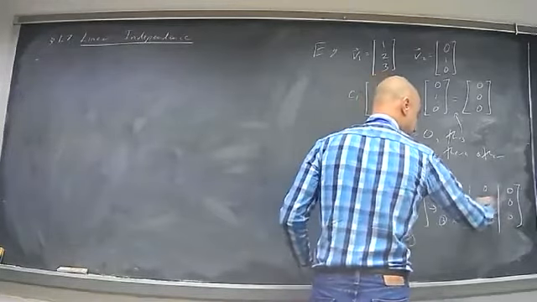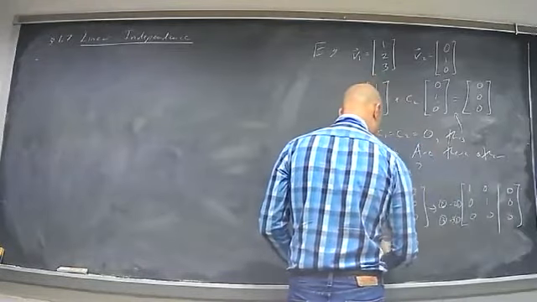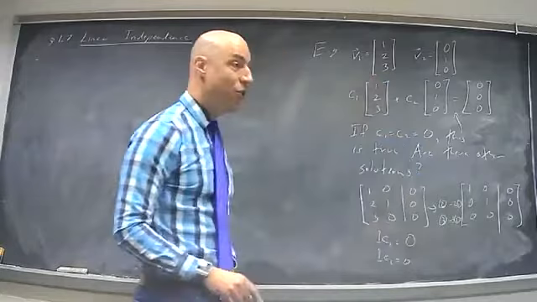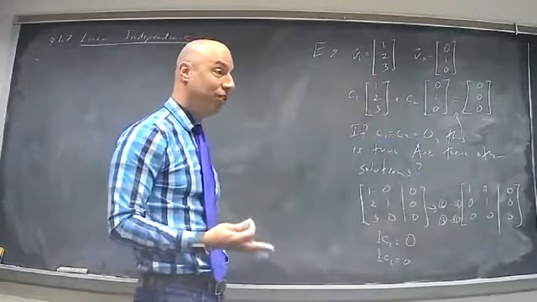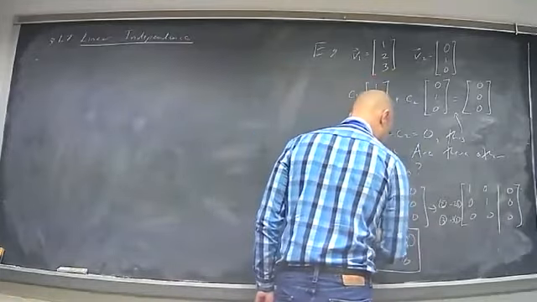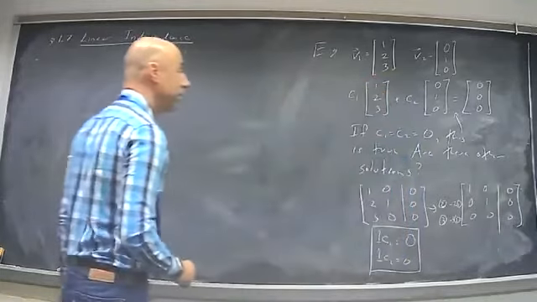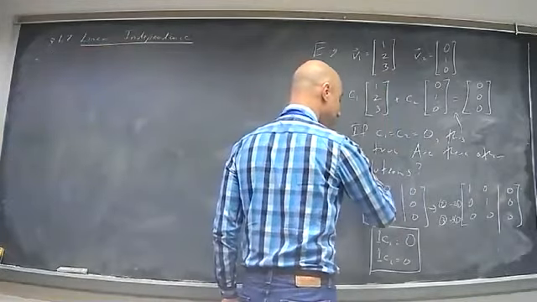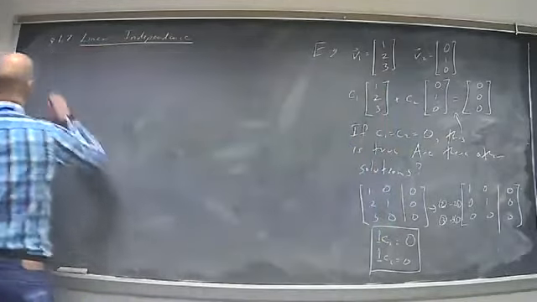And that second row says 1 times c2 equals 0. So this says c1 and c2 are both 0. These are the only solutions. So the answer to this question, are there other solutions, is no.